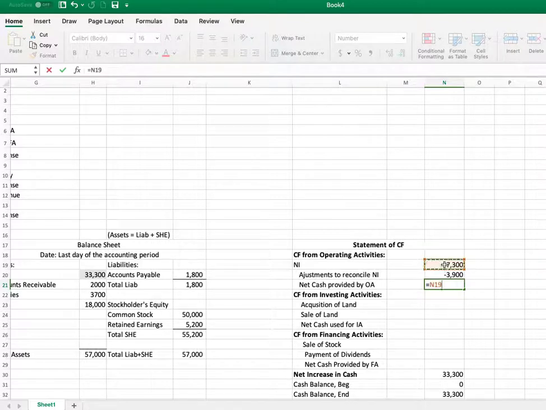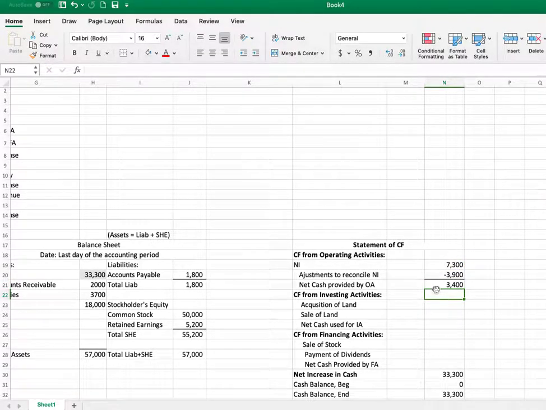What we'll do then is we'll subtract that out. So I'm going to make my subtotal here, and we'll say net income minus $3,900 is $3,400 net cash provided by operating activities. So there's a positive number. So that explains part of this positive increase in cash, but not all of it.